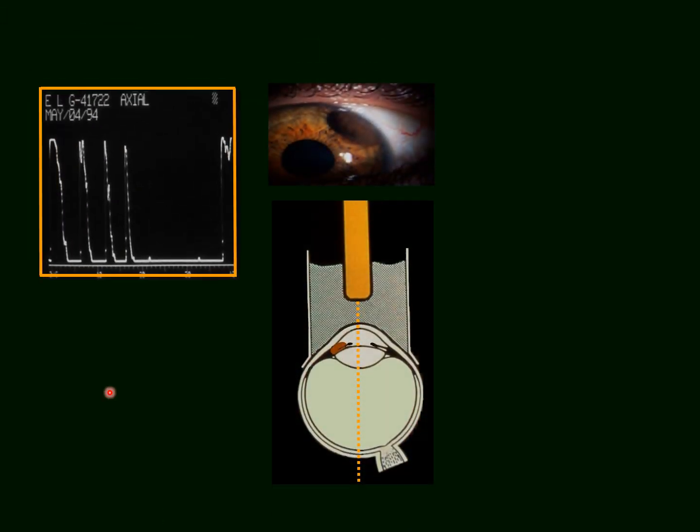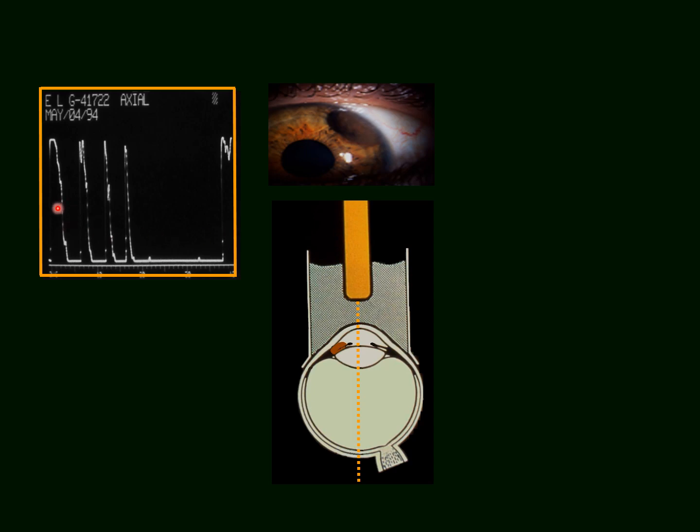Solid tumors of the anterior segment are differentiated with the standardized A-scan method. An immersion technique is used. The probe is placed from above. The beam is aimed first along the axis of the eye, resulting in this normal echogram here.